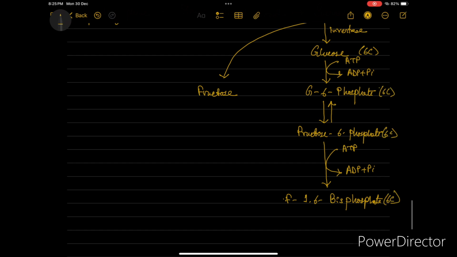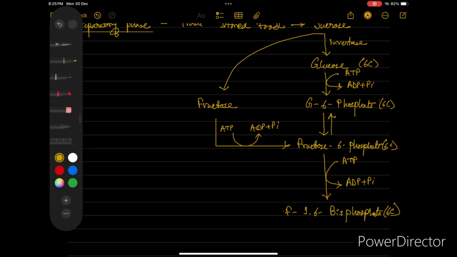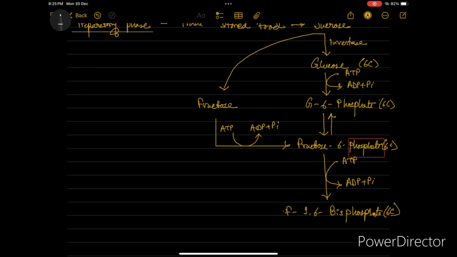All those molecules, from glucose to fructose 1,6-bisphosphate, are 6-carbon compounds. The fructose produced by the breakdown of sucrose can also participate in glycolysis, directly converting into fructose 6-phosphate with the help of an ATP molecule.